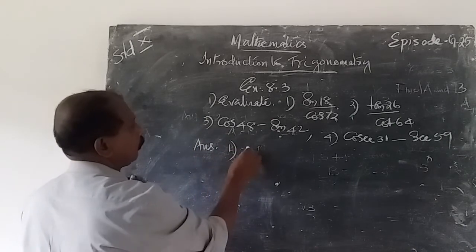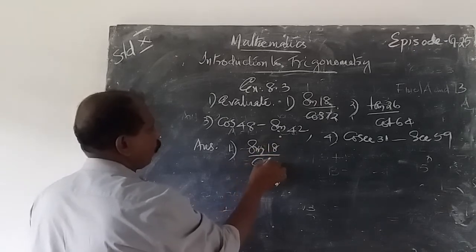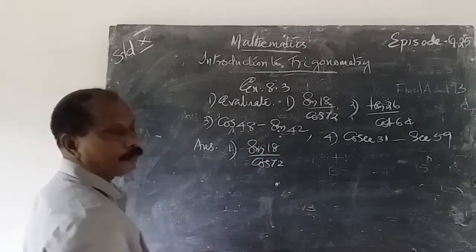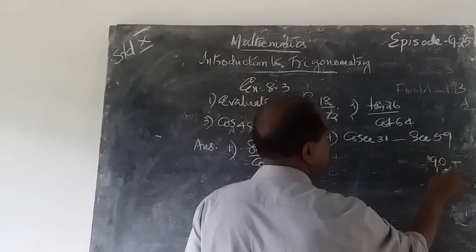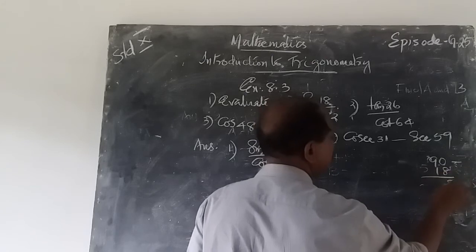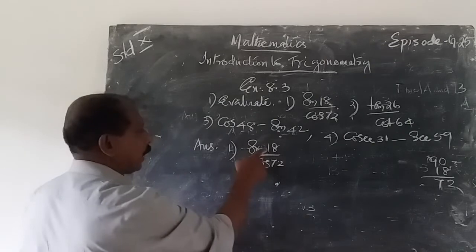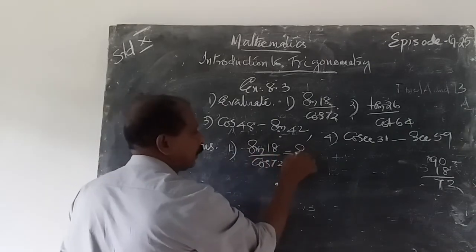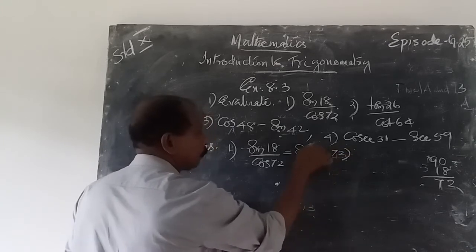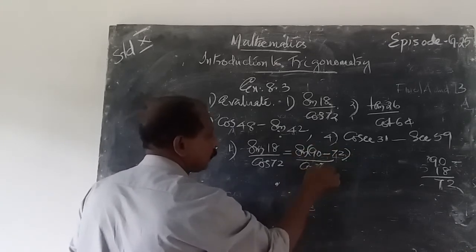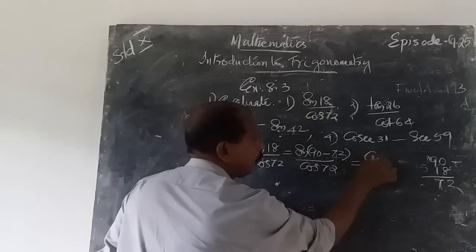Question number 1: sin 18 by cos 72. What is 90 minus 18? That is 72. Therefore, sin 18 is replaced by sin 90 minus 72, by cos 72. What is sin 90 minus theta?